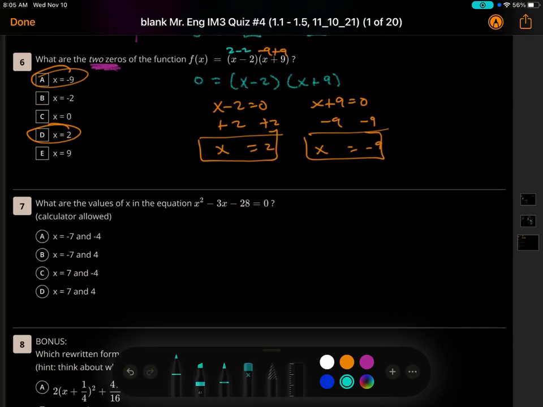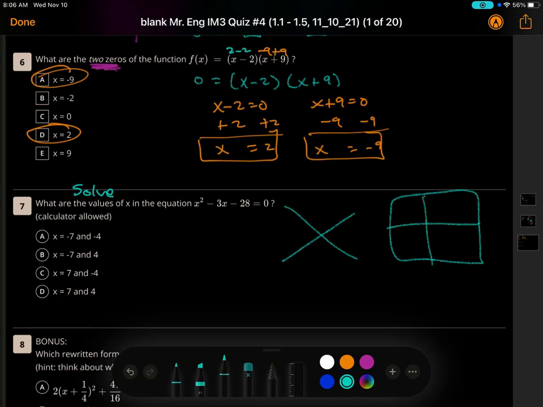What are the values of x in the equation x squared minus 3x minus 20 equals 0? Basically telling you to solve. And what's the easiest method? It is factoring. So let's see if we can factor this. A, B, C. A is 1. So A times C is -28, equals all the factors of 28: 28 and 1, 14 and 2, 4 and 7.